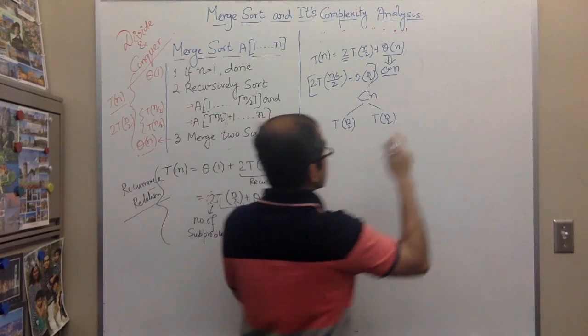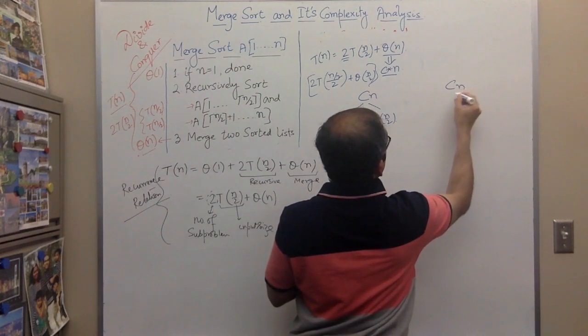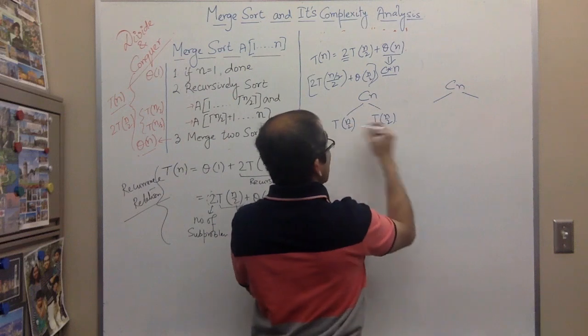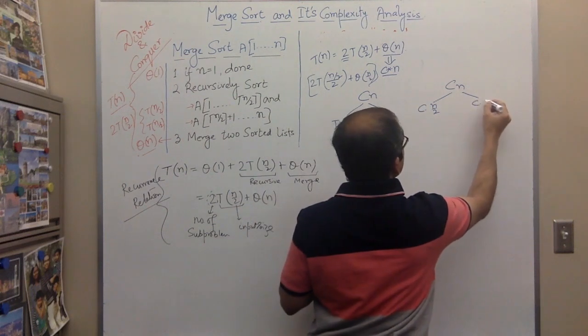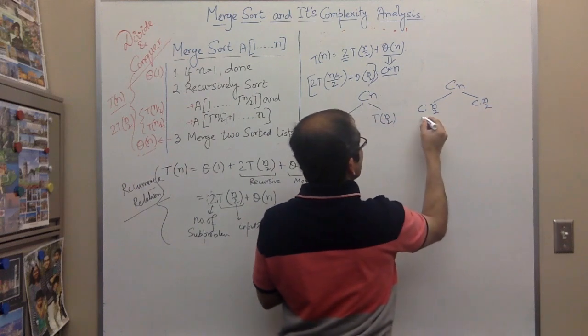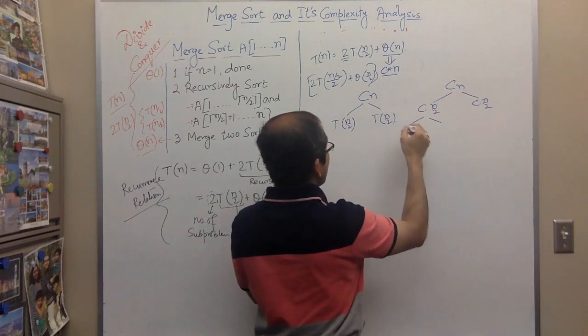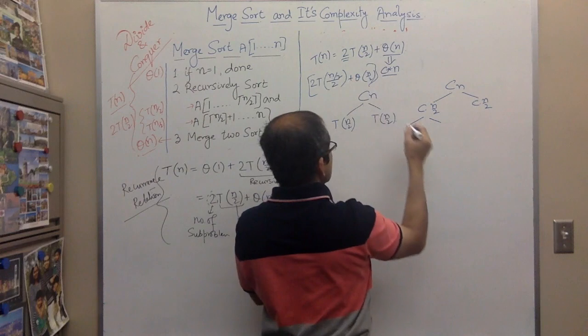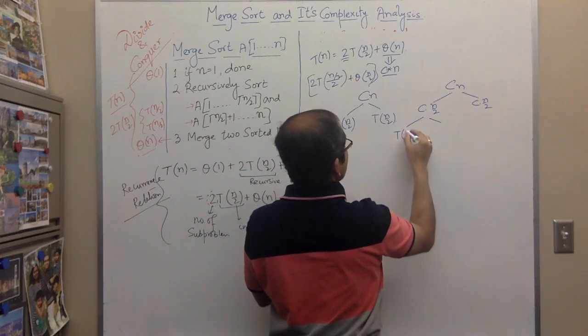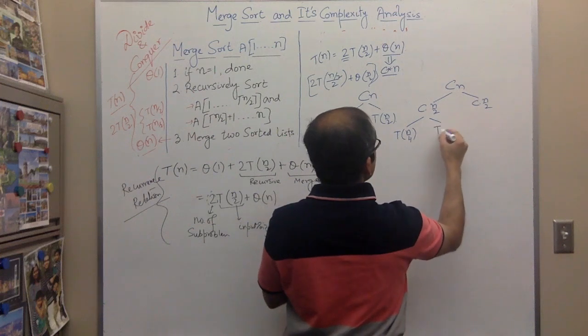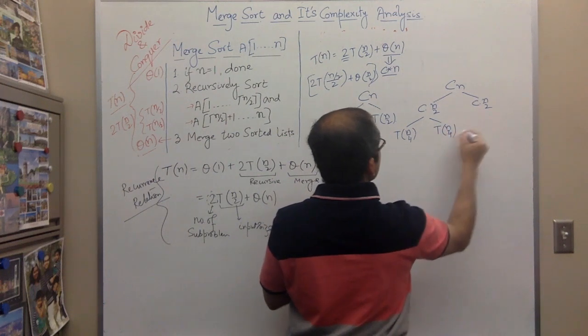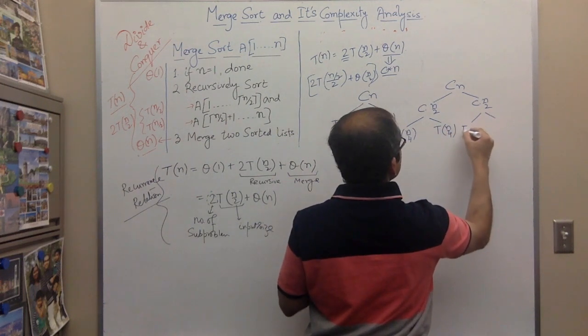Let me show you one more step. Below cn, this part will be c of n by 2, this part will be c of n by 2, and there will be two more subproblems of size T of n by 4, and this is also T of n by 4, and here also two more subproblems.